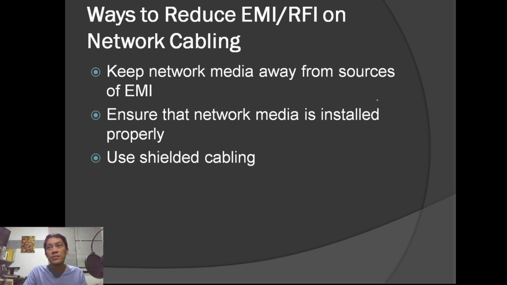So kaya sa network cabling sa mga buildings, usually nilalagay pa siya sa mga tubo or mga cable trays, yung mga PVC pipes, para naka-shield siya, para as much as possible it is protected from the electromagnetic interference or the radio frequency interference.